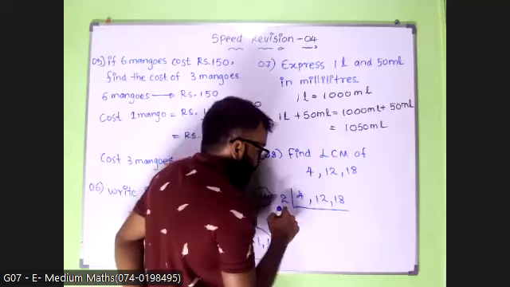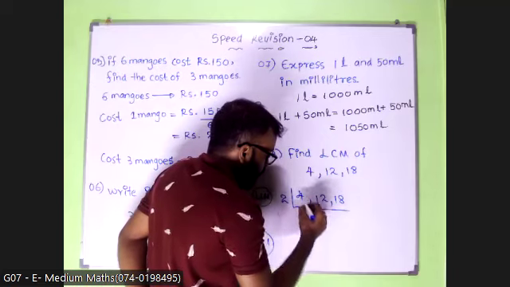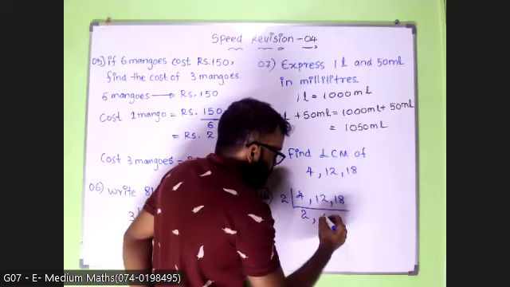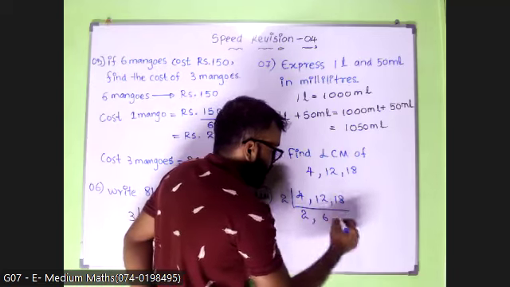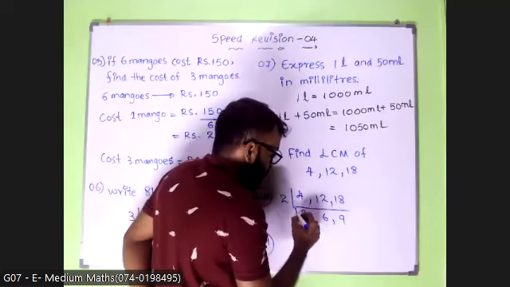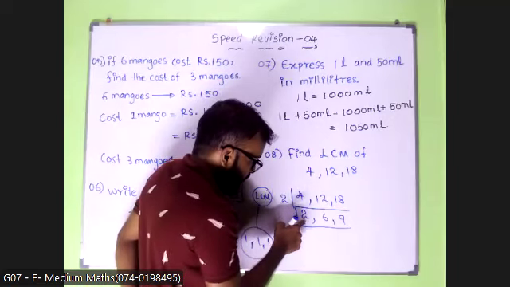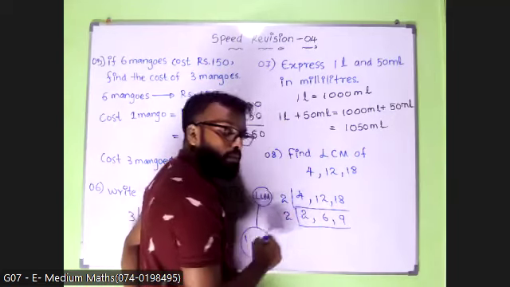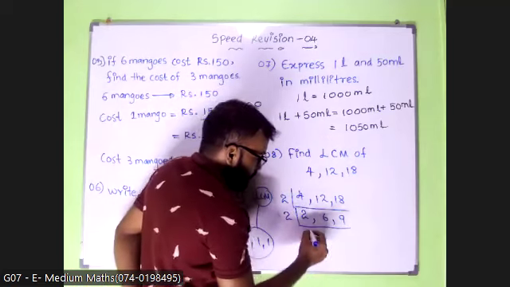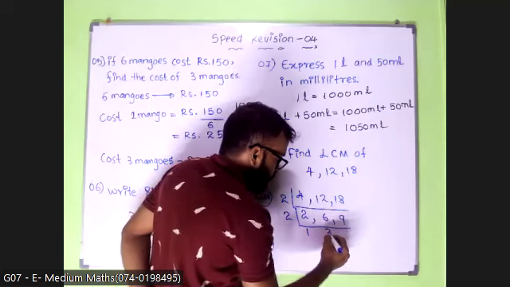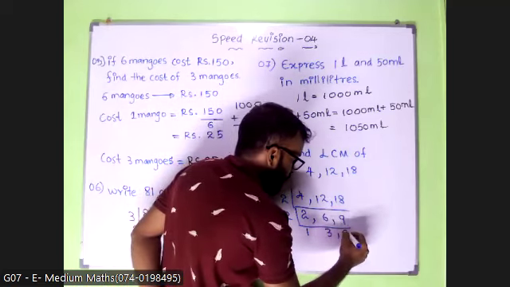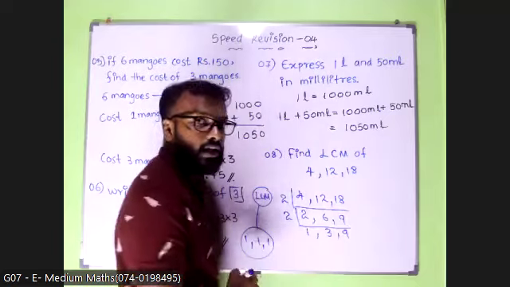Okay. 2 times 2, 4, 2 times 6, 12, 2 times 9, 18. Then again I am going to divide by 2, because 2 and 6 can be divided by 2. 2 times 1, 2, 2 times 3, 6. Then the 9 cannot be divided, I am rewriting as 9.